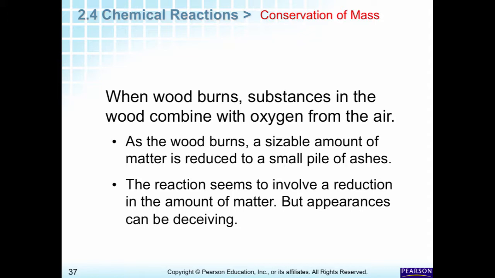What else was produced? Smoke, gas. So those things are no longer in the pile of ashes, but they've been dispersed. But they have mass also. If we were able to collect the smoke and gas and weigh that too, we would have exactly the same mass.